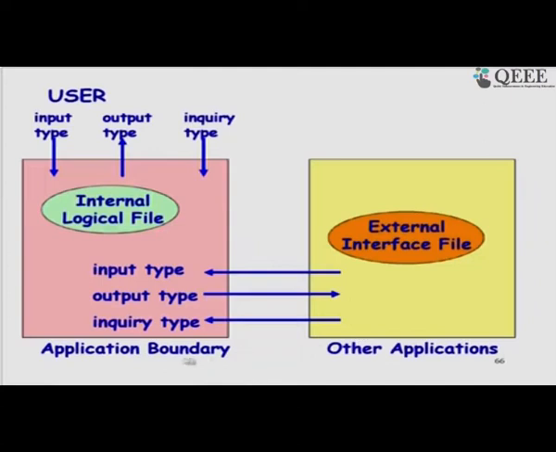So, this just says that the input data, the output data and the inquiry may not only come from the user, but may be from external applications, other applications, and the external interface file is also produced by other applications or maybe the user.